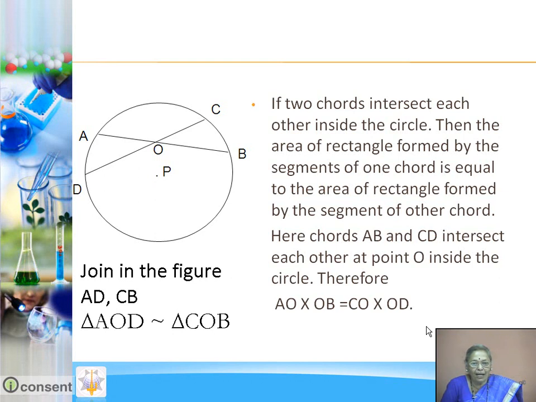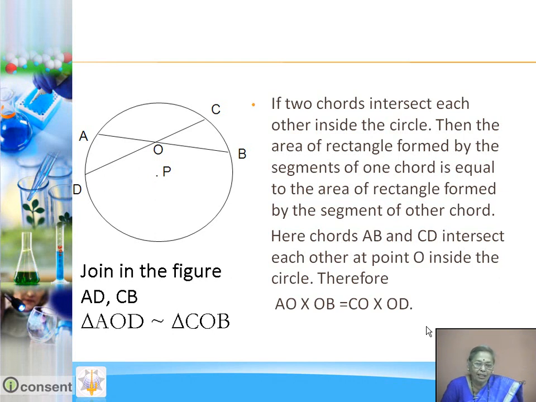The areas of rectangles formed are always equal. That is, the product of AO into OB is equal to the product of DO into OC.